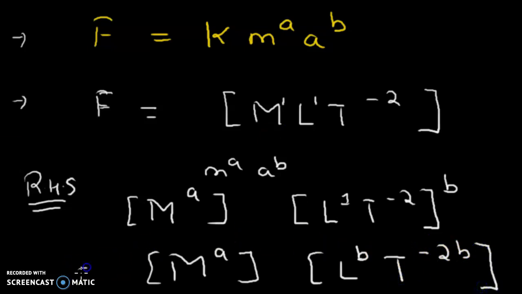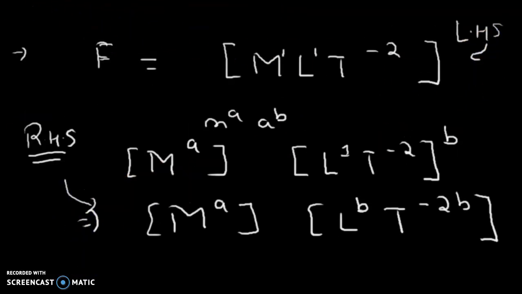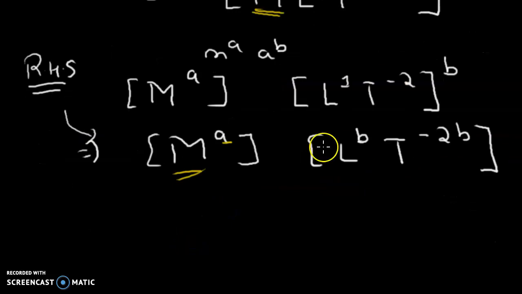Now we just need to equate the right hand side and the left hand side. Left hand side is this and right hand side is this, and equate the powers. So see, the power of M here is 1, here is A, so A would be equivalent to 1.